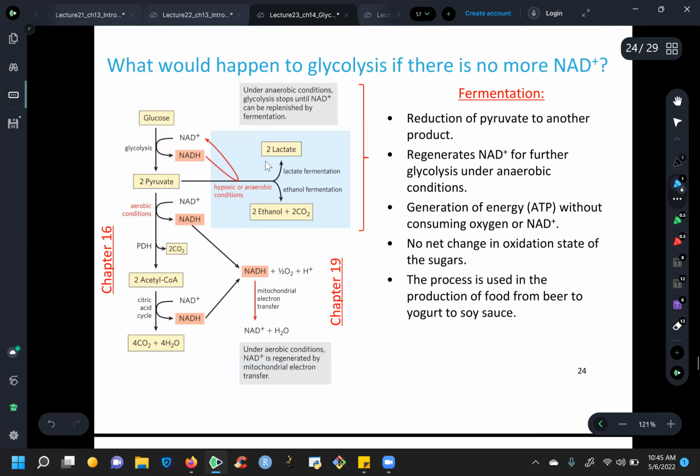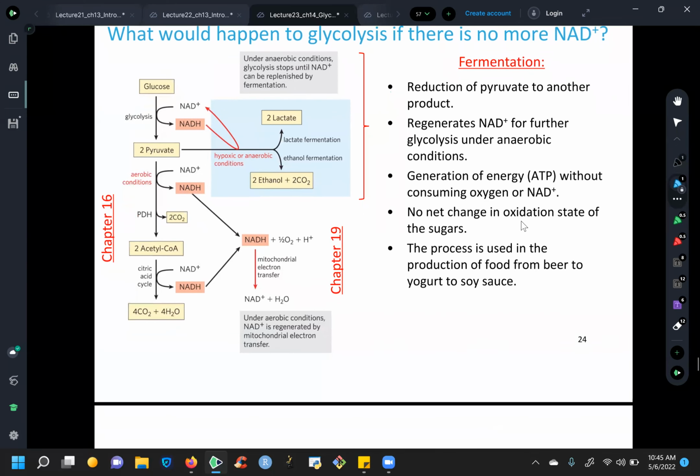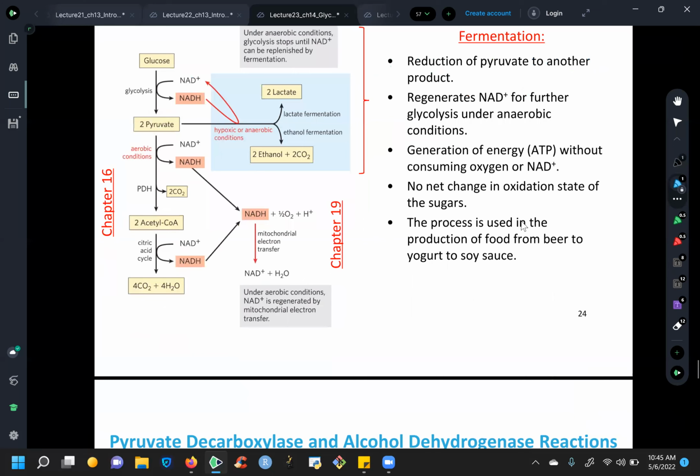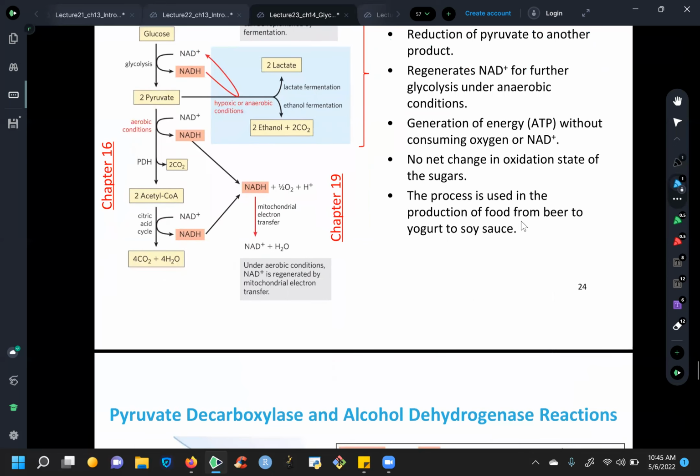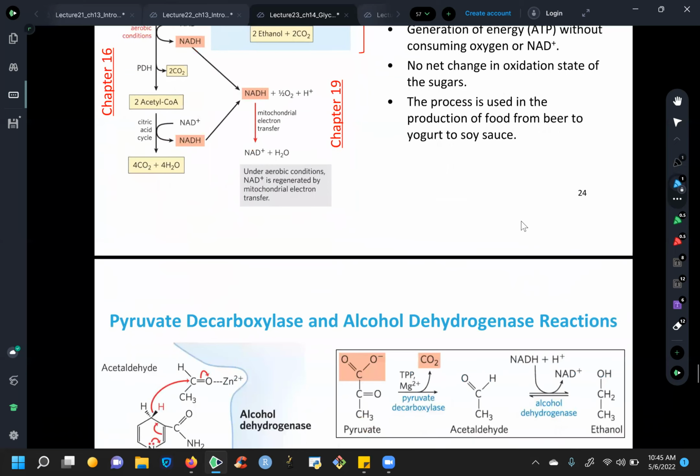If you undergo lactate fermentation, you can see that an NADH is turned into NAD+. Generation of energy, ATP, without consuming oxygen or NAD+, no net change in oxidation state of the sugars. The process is used in the production of food from beer to yogurt to soy sauce.